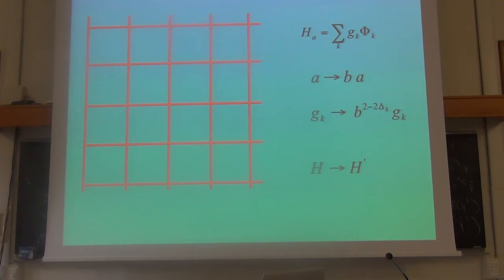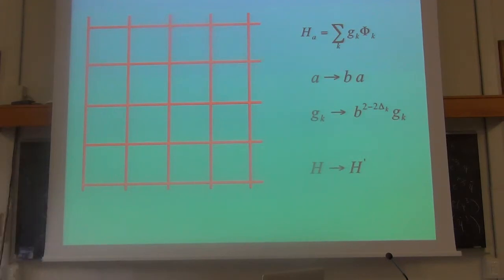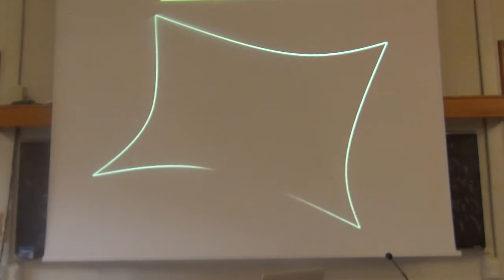So if you have written down the most general Z2 Hamiltonian and you rescale things, you remain Z2. All this transformation is just a map of a Hamiltonian into a new Hamiltonian in the same space. Therefore, you have what is called renormalization in the coupling constant space.